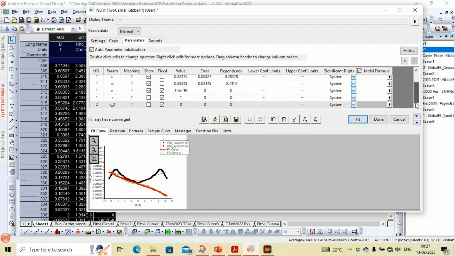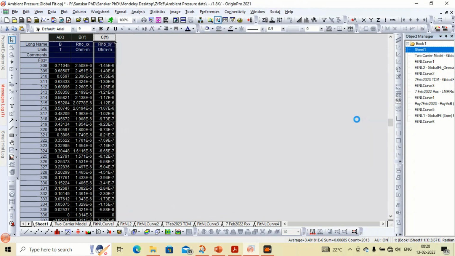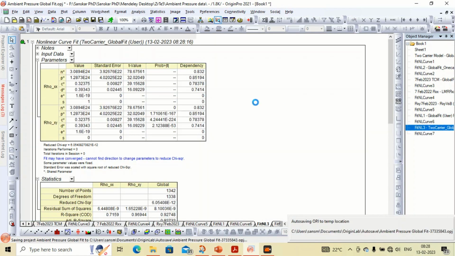Now I will run this for fitting. You can set these values, and fix these values, according to your data, and a good initial value will give a best fitted curve. So this is the procedure for simultaneous two curve fitting. You can just fit it, and you can see the result of both fits.